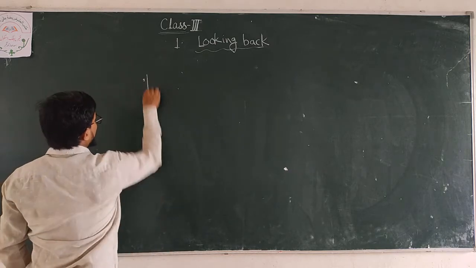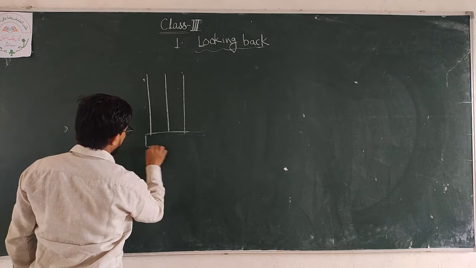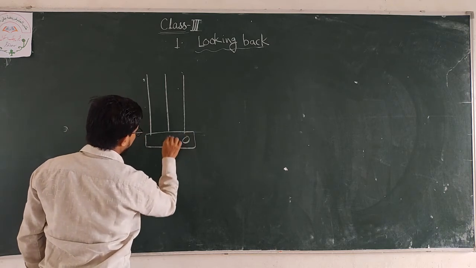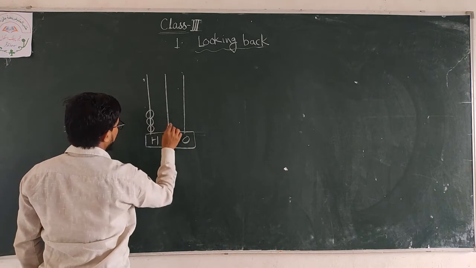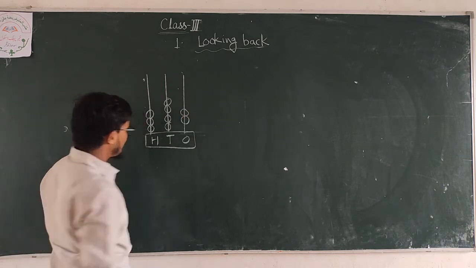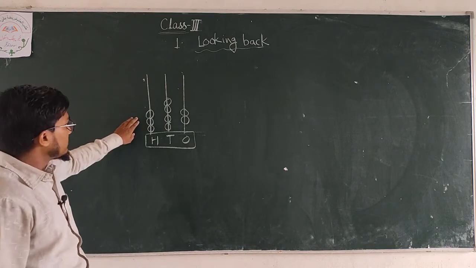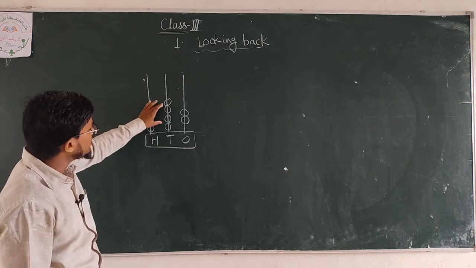Suppose I made an abacus with ones, tens, and hundreds. Here is 3, here is 4, here is 2. How many digits are there here?